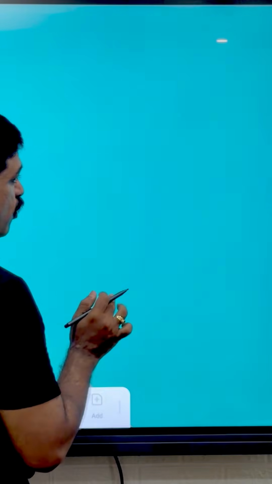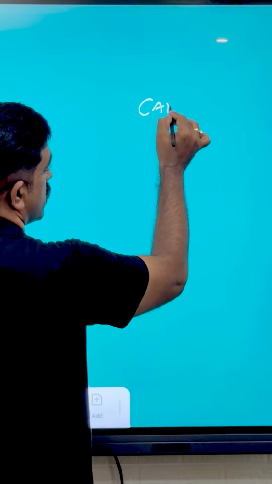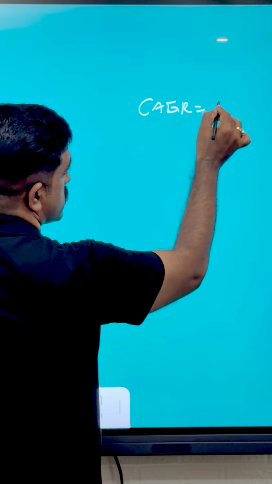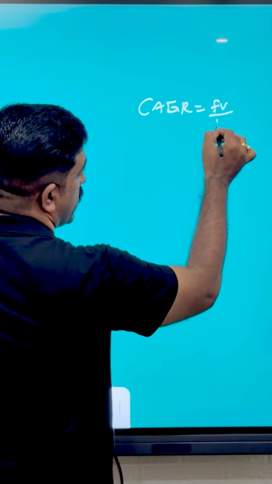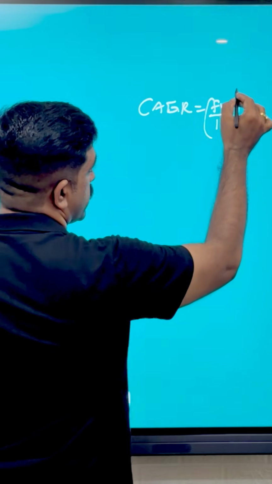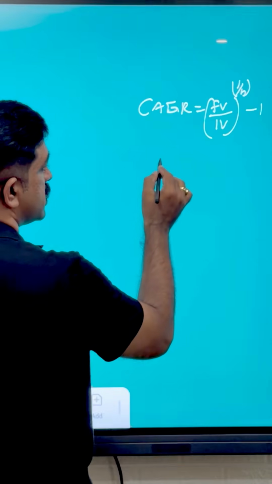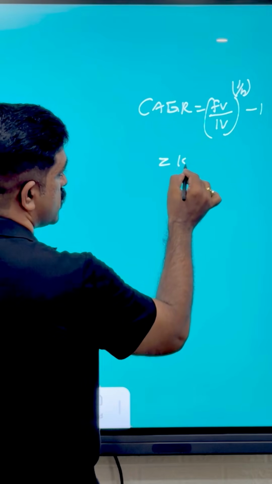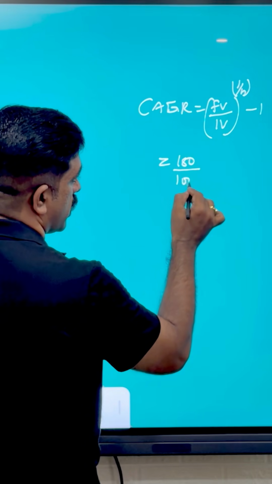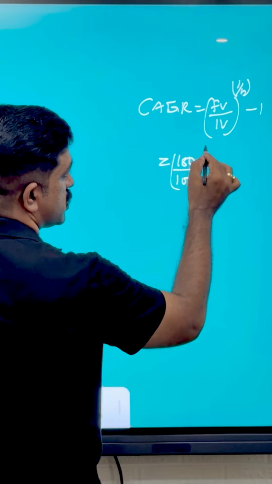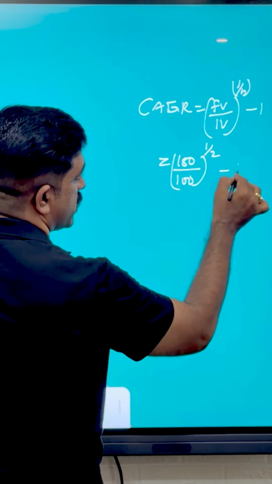There is a mathematical formula for this. CAGR is actually calculated as final value divided by initial value raised to the power 1 by n minus 1. In this case, if you note, the final value is 180, initial value is 100. The time period is 2 years, so 1 by 2 minus 1.